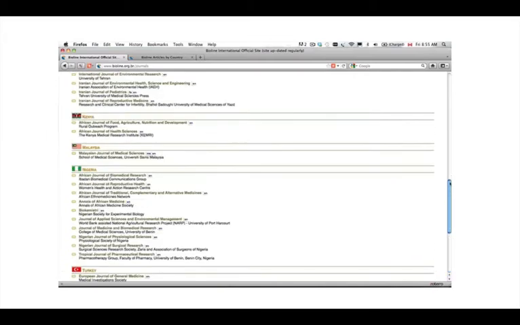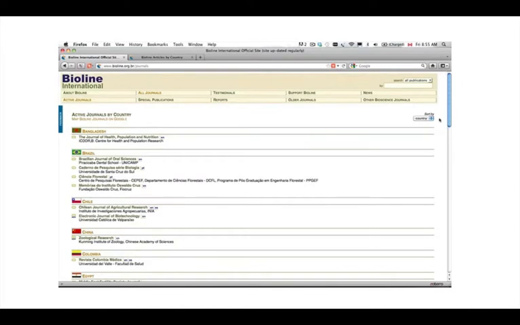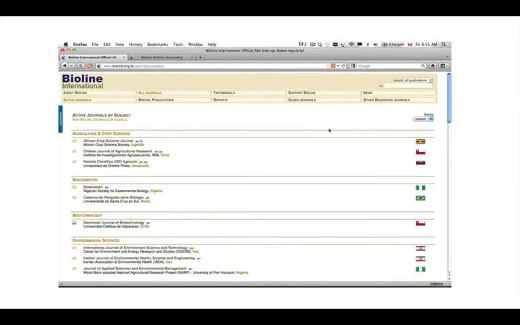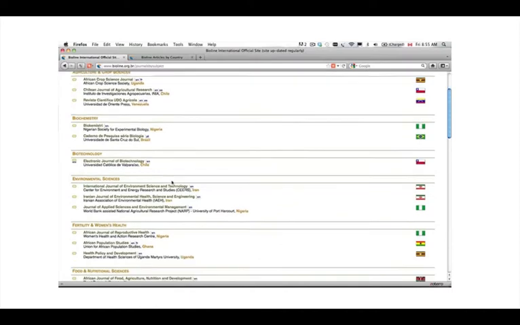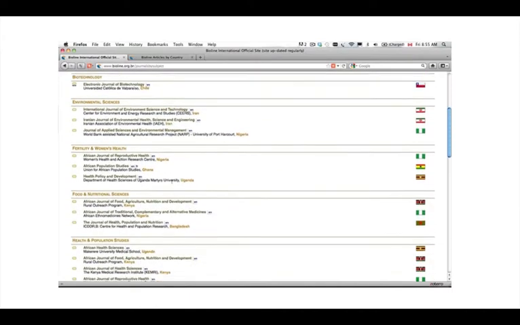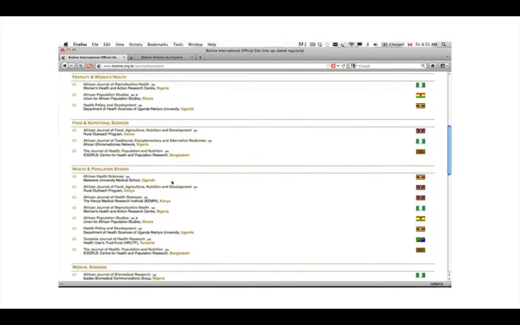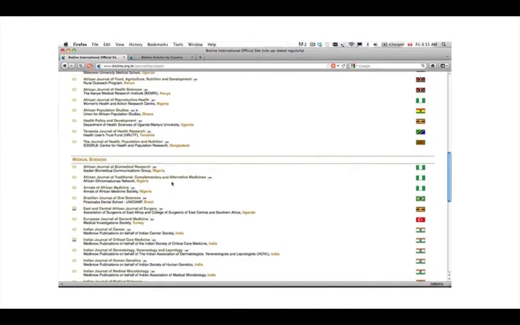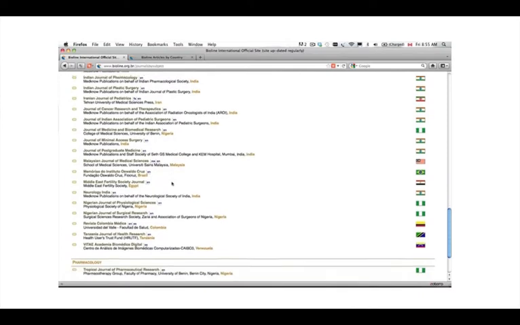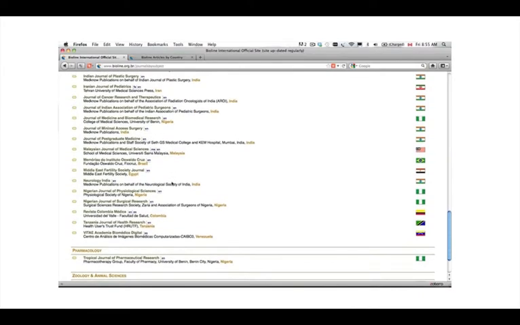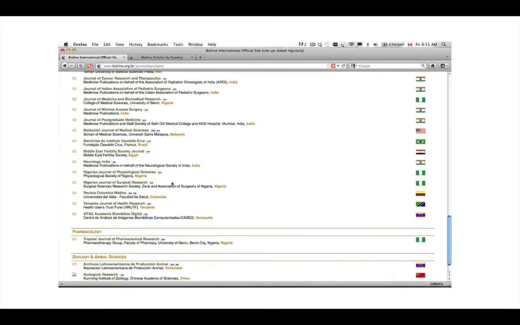In terms of subject area, most of the journals are in the areas of the health and medical sciences, followed by areas of crop science and nutrition, and then followed by environmental sciences. The reason we concentrated in these areas is that we felt that these are the topics and research areas that have the most pressing development linkages.